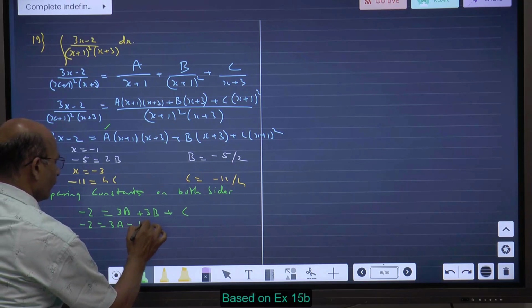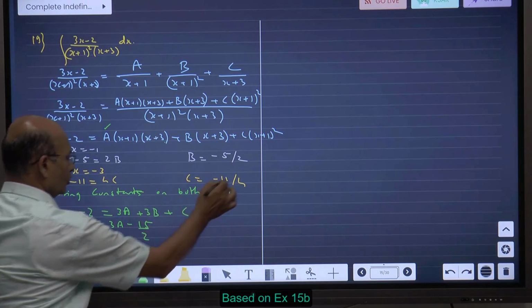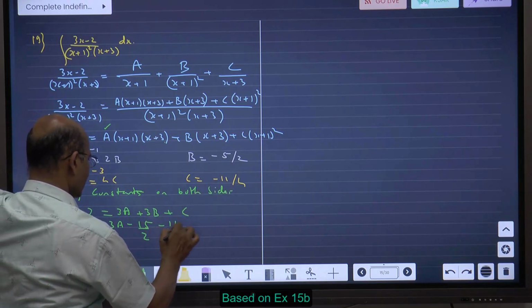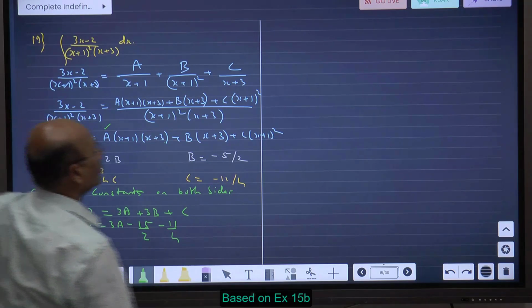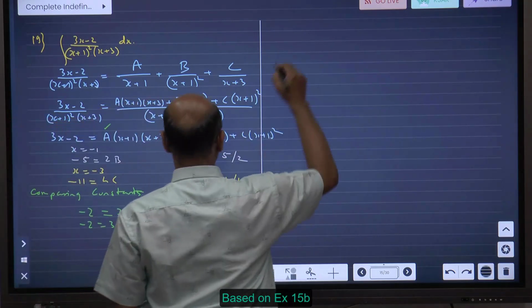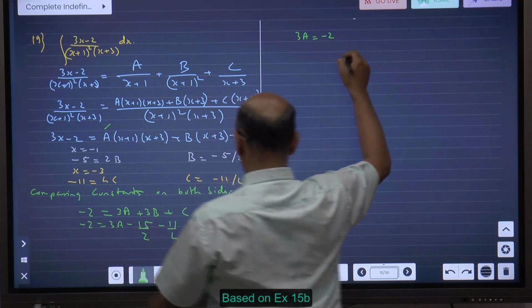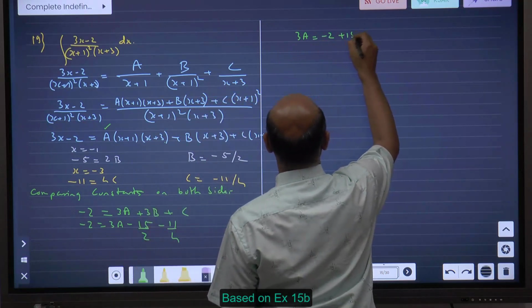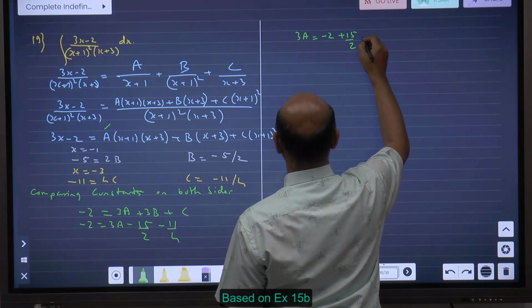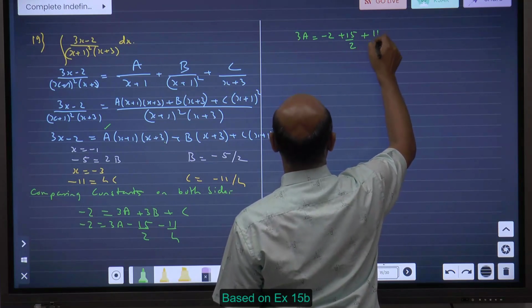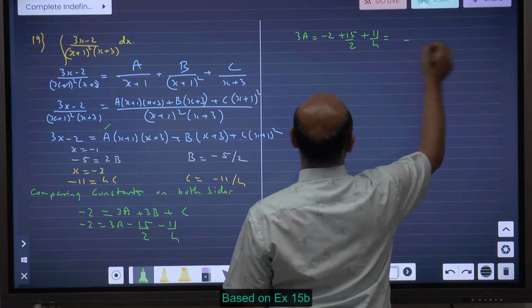plus c, so minus 15 upon 2 plus c, minus 11 upon 4. So 3a is minus 2 plus 15 upon 2 plus 11 upon 4. Find the LCM there. What is the LCM?